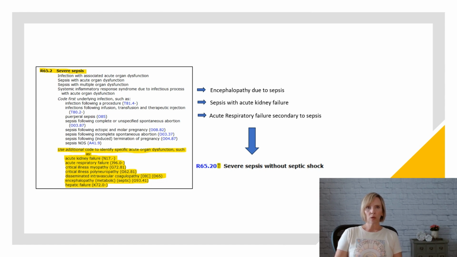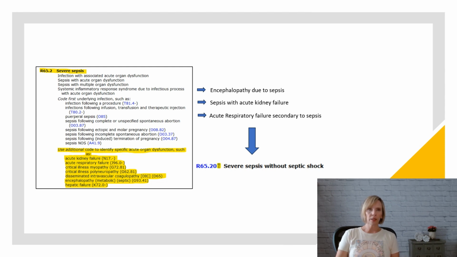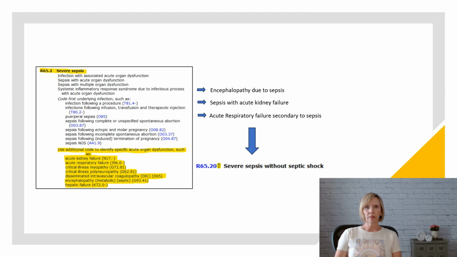Some examples of organ dysfunction are listed under subcategory R652 and include acute kidney failure, acute respiratory failure, critical illness myopathy, critical illness polyneuropathy, disseminated intravascular coagulation, otherwise known as DIC, encephalopathy, either septic or metabolic, and hepatic failure. This is not an exhaustive list, so if the documentation is unclear regarding whether a specific condition is considered to be organ dysfunction, the physician should be queried for clarification.